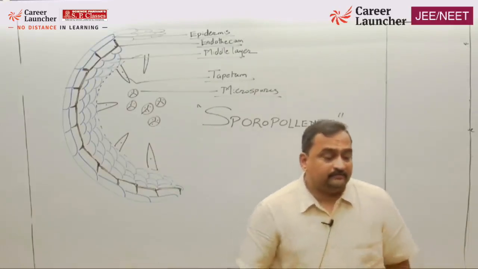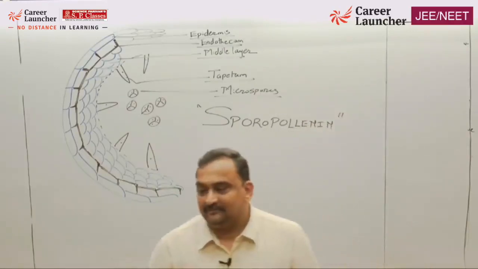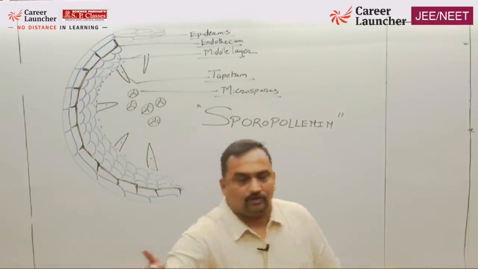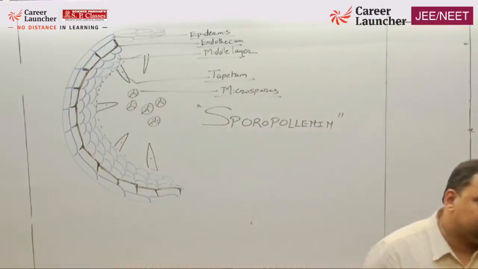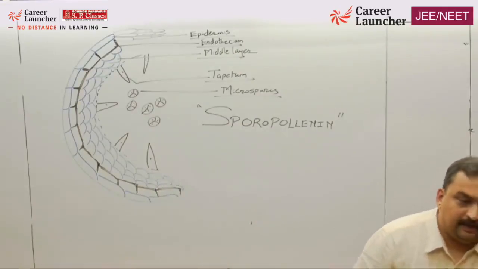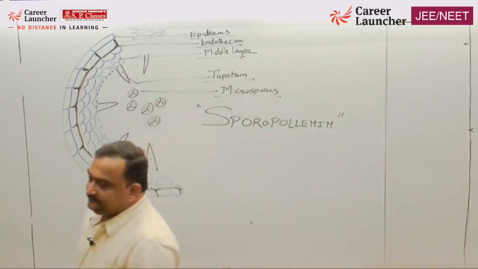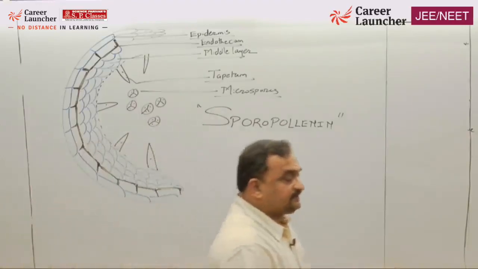What you'll write? It is also called as pollen sac. Please write, also called as pollen sac. It bears microspore mother cells.